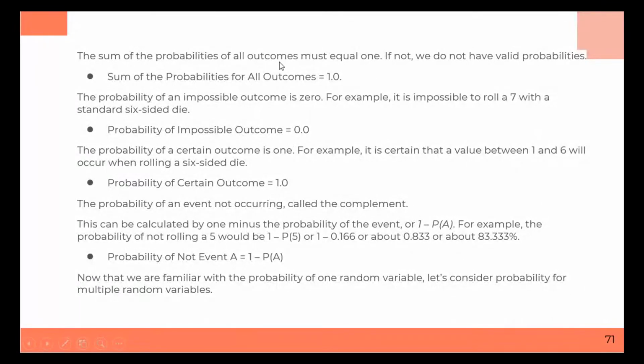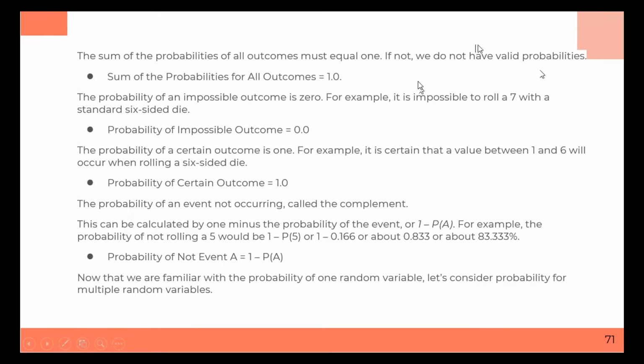The sum of probabilities of all outcomes must equal 1. All of you agree with the statement? The probability range is 0 to 1. If not, we do not have a valid probability and we are somewhere wrong.